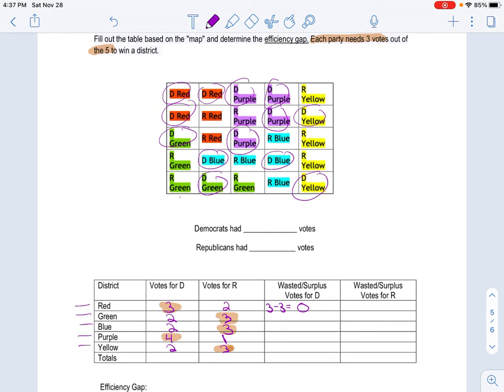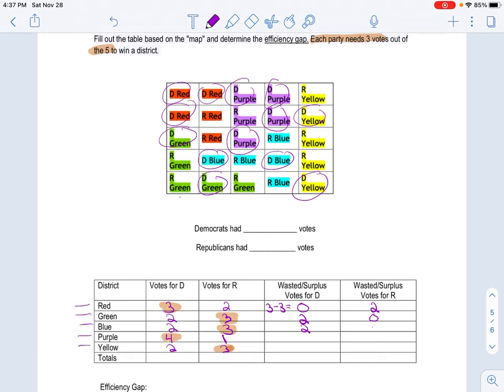Now, because Republicans did not win that district, all of those votes were wasted. Green, Democrats did not win, so all those votes were wasted. Republicans got 3 votes, so none were wasted. Blue, Democrats lost, so all 2 were wasted.